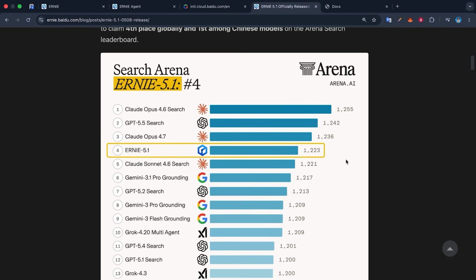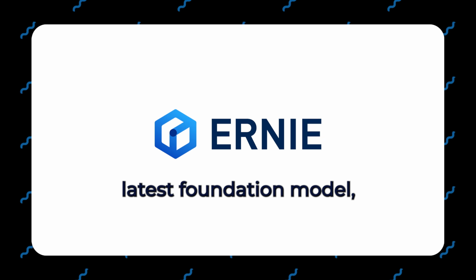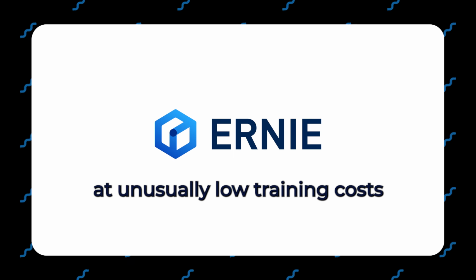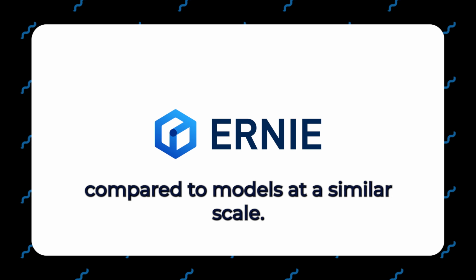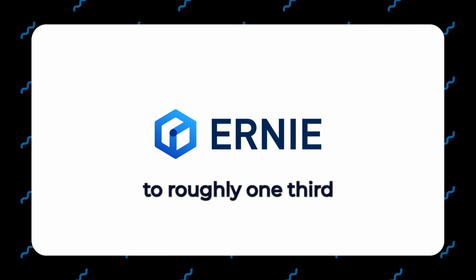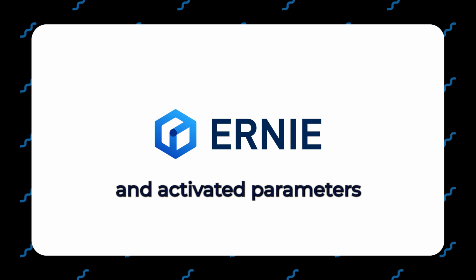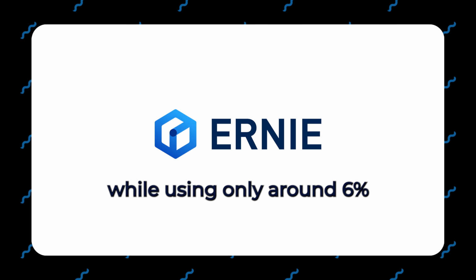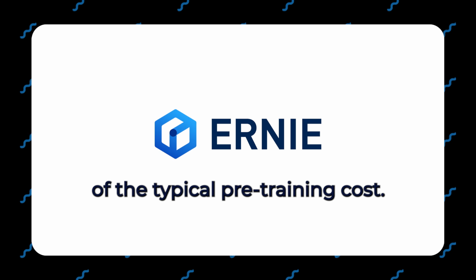ERNIE 5.1 is Baidu's latest foundation model, built for strong performance at unusually low training costs. Compared to models at a similar scale, it compresses total parameters to roughly 1/3 and activated parameters to about 1/2, while using only around 6% of the typical pre-training cost.